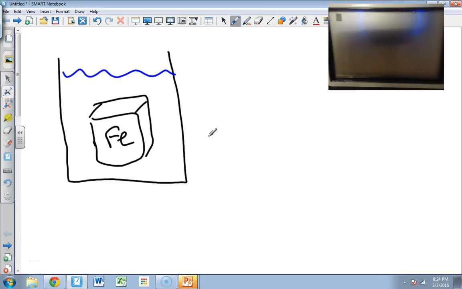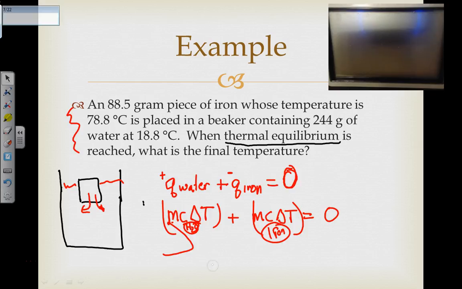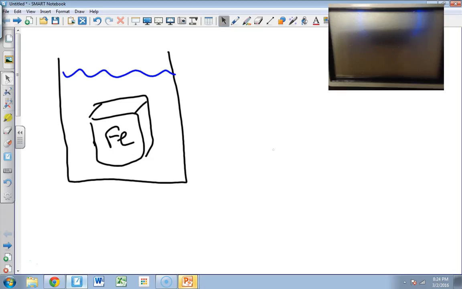So what is the mass of the water? If we go back, we can look here. The water is 244 grams, and it's starting at 18.8 degrees Celsius.